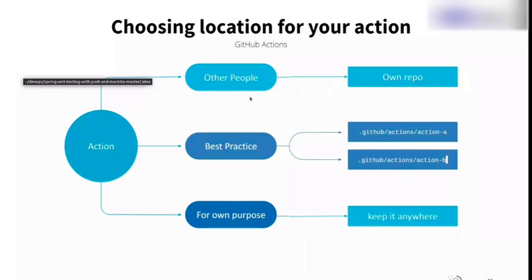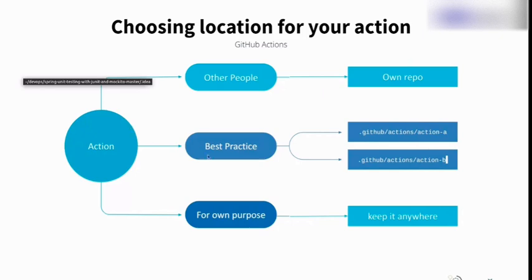In that case, you can keep that action code in its own repo. It means that users can exactly understand what the action is going to do, and what kind of source code and what kind of events are happening with the help of those actions.